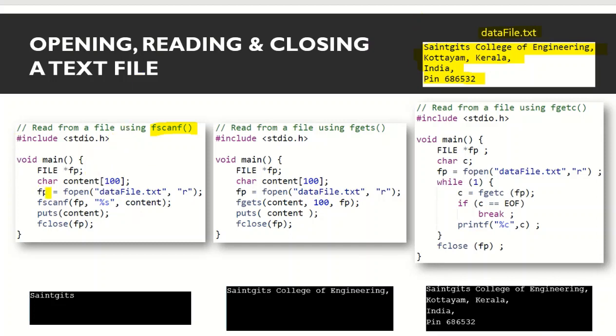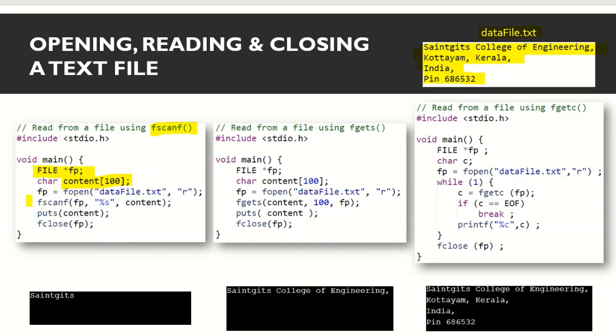For that I am first declaring a file pointer of FILE type. Then to read something we need some buffer for storing the read data. So the buffer is here, content of 100. Content of 100 is a buffer which can hold 100 bytes of data.